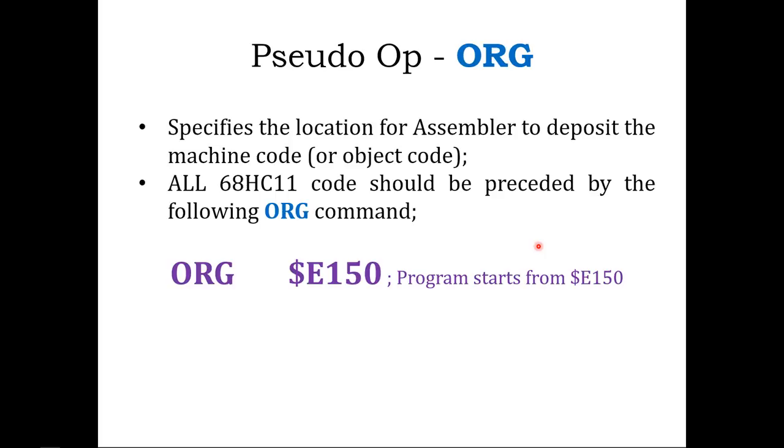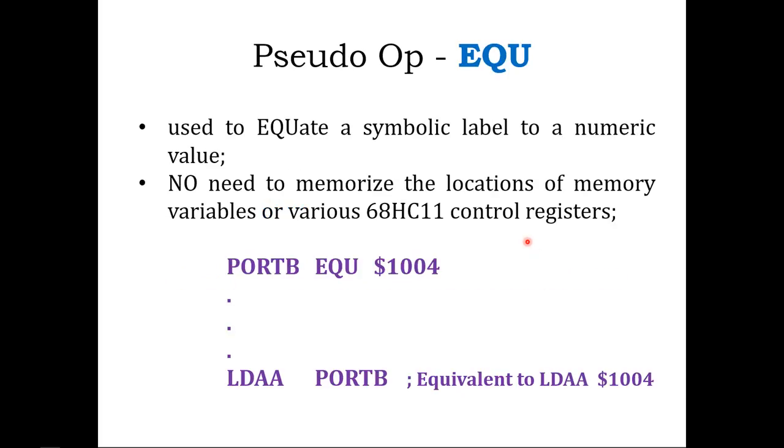Another one is EQU. I'm sure you have seen this one as well in several programs. This is used to equate a symbolic label to a numeric value. For example, let's say you have plenty of different numbers like addresses.